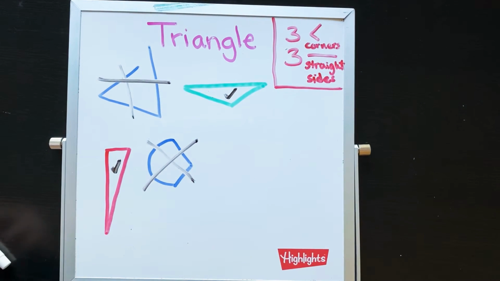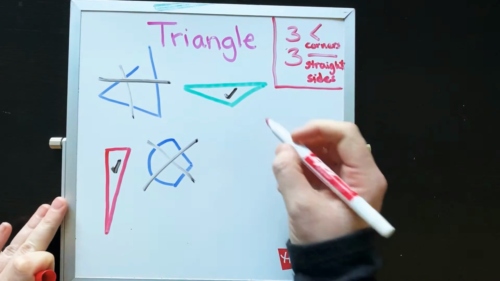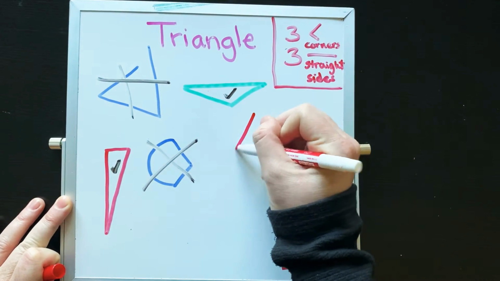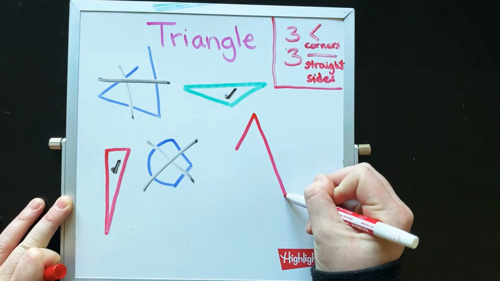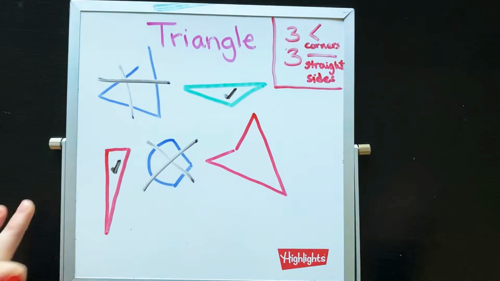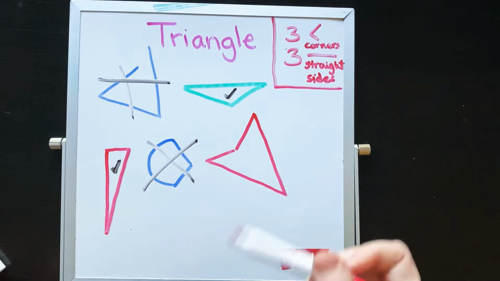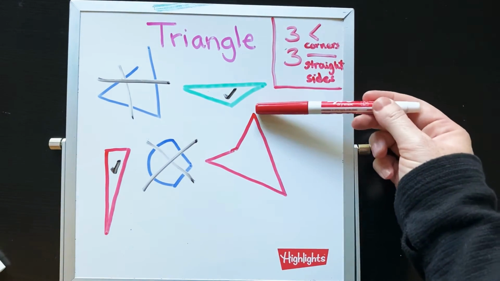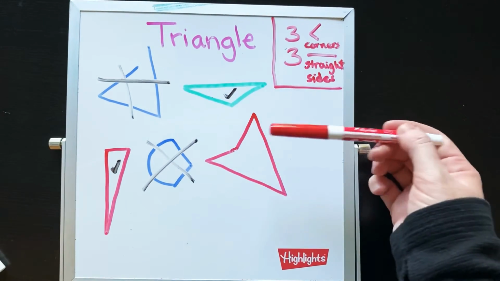All right, let's do another one, friends. What do you think here? I'm going to make sure I connect it so it's a closed shape. Okay, let's count. 1, 2, 3.